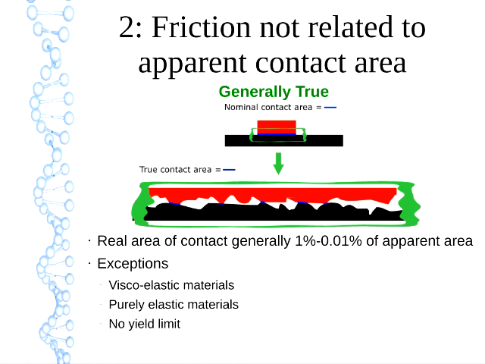So the apparent area of contact is if you've got a ball and a flat. When you just look at a contact and two surfaces touching, you can measure the area that they appear to be touching. Real contact area is generally 1 to 0.01% of apparent contact area. Exceptions to this are viscoelastic materials, purely elastic materials, and materials with no yield limit.